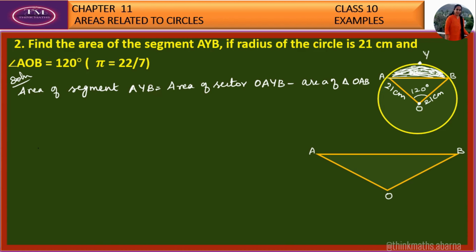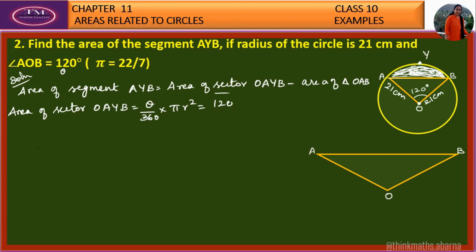So first we are going to find out the area of the sector. Area of sector OAYB is equal to theta by 360 into pi r square. What is theta? Theta is 120 degree.